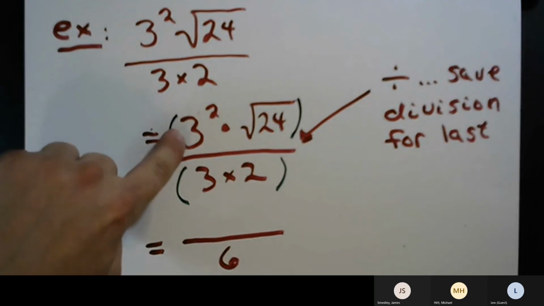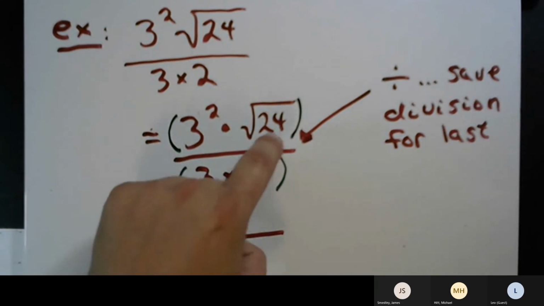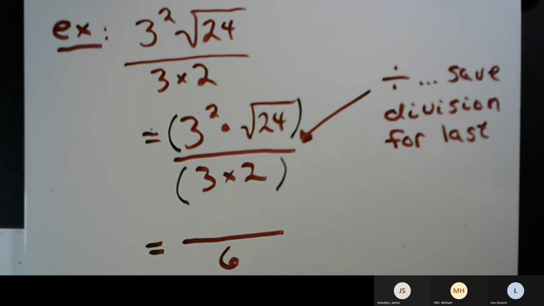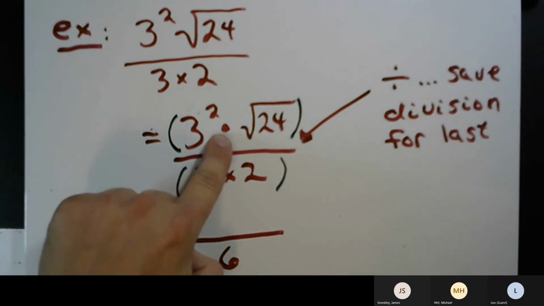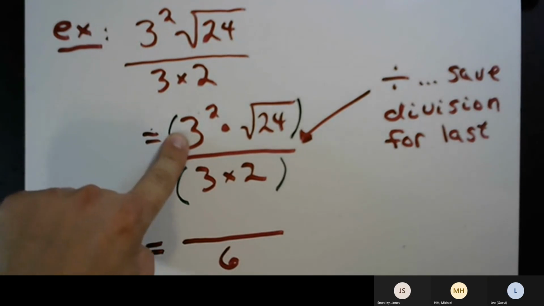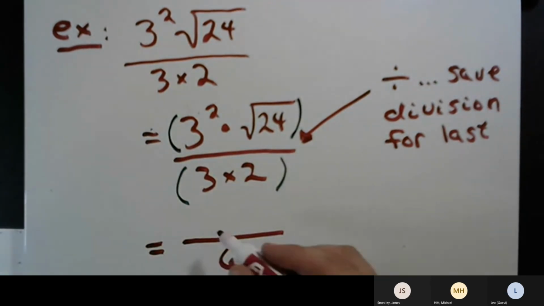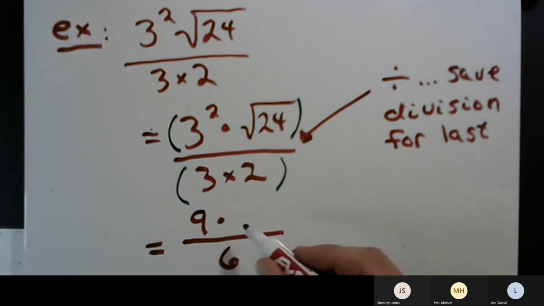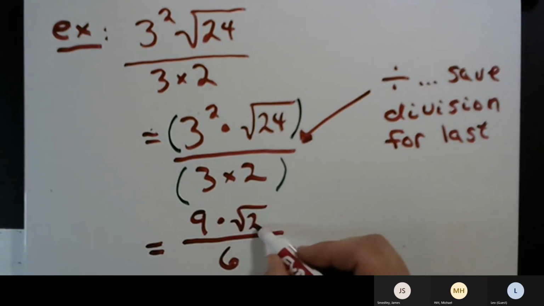Now this one, we have a choice between taking a root, computing an exponent, or multiplying. Well, according to PEMDAS, exponents and roots are first. Multiplication will be second. And we compute the exponent or root on the left first. Again, we're going left to right. So 3 times 3 is 9 times square root of 24.